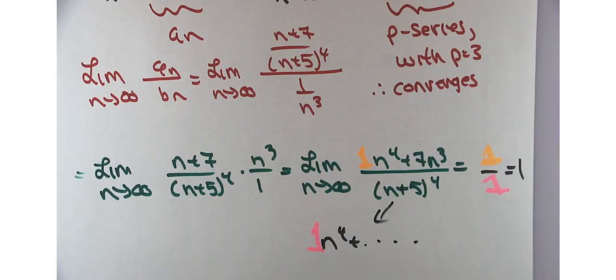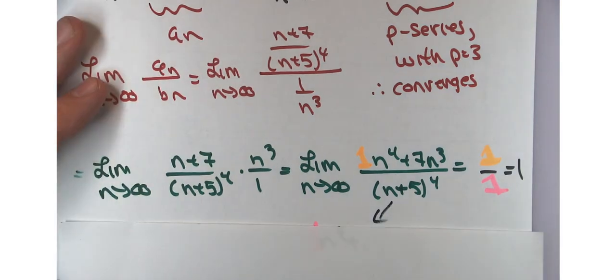Now, it doesn't always have to be 1. It's just the quirk of the way I do these things that I often end up with a 1. It could be 7, it could be 700, it could be 7 million, as long as it's finite and greater than 0. So, by the limit comparison test, our original series converges.